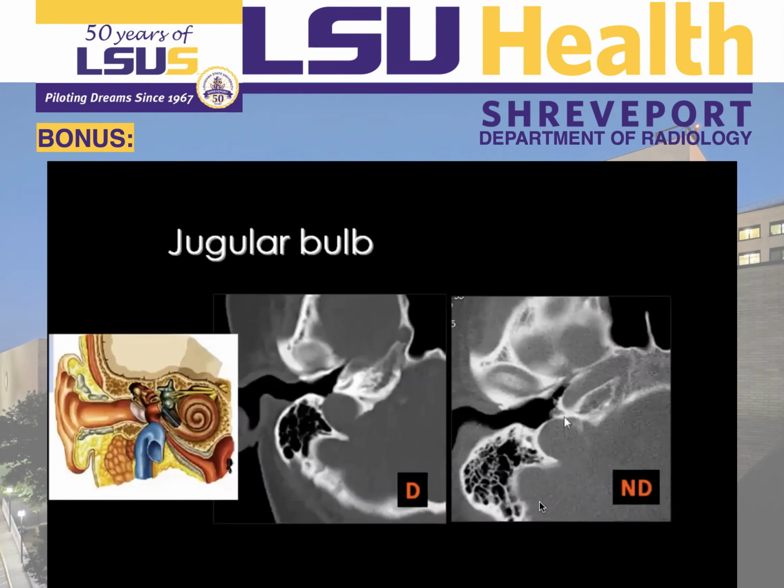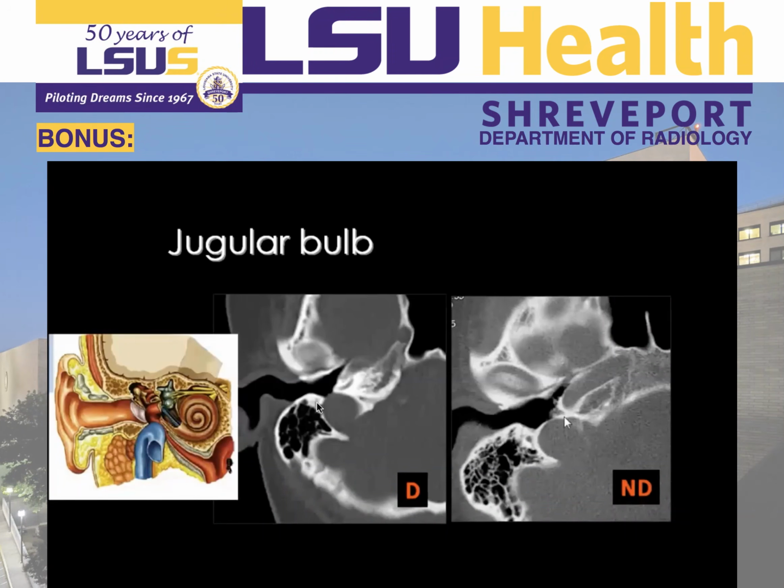Okay, another structure that is really near to all these structures that we said before is the jugular bulb. The jugular bulb should have this bony wall separating the jugular vessel from the external auditory canal.